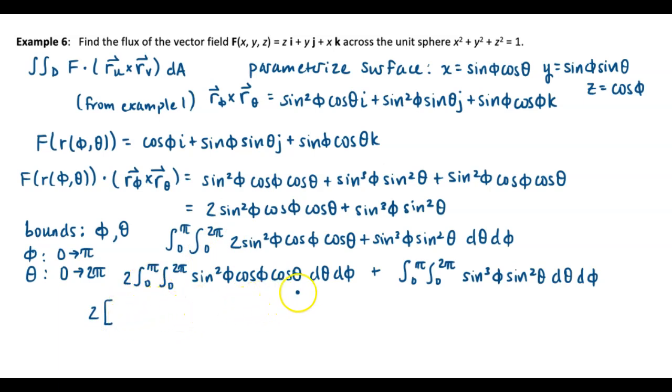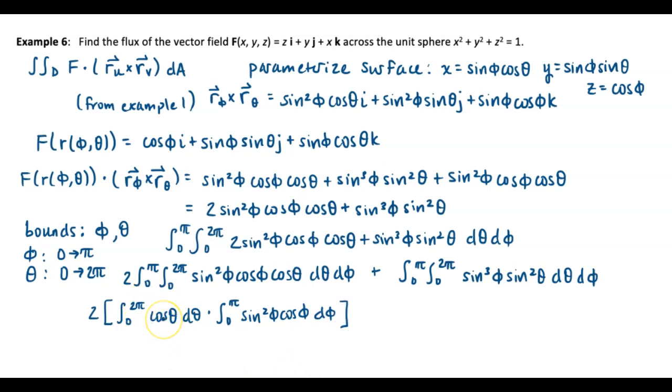And I'll start with this theta because that's a little bit more simple. So from 0 to 2 pi, I've got a cosine of theta d theta, and I'm multiplying that by the integral from 0 to pi of the sine of phi squared cosine of phi d phi.